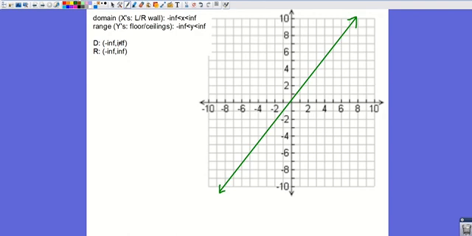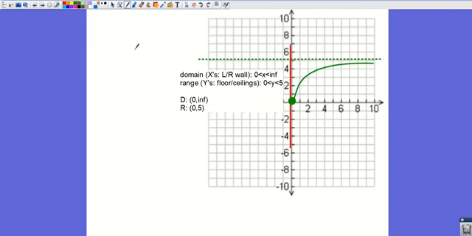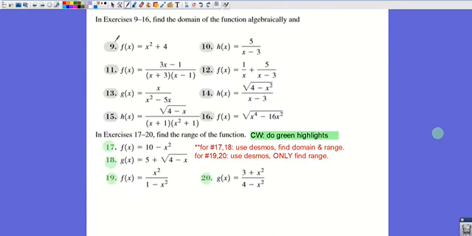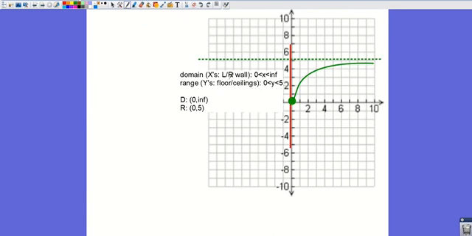All right. Now here, I think this is the last example. Here we have a situation where we have a point where the graph starts, and then it keeps on going forever. Let's start with left and right.